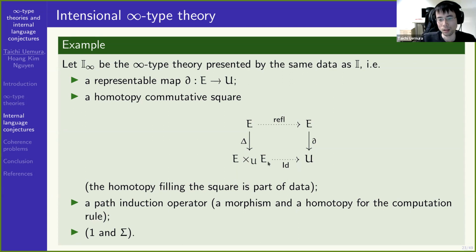So it consists of a map Id and a refl, and also the homotopy filling this square is part of the data. The path induction operator is to be a morphism with a homotopy expressing the computation rule. And we also add some morphisms and homotopies for the unit type and sigma types.